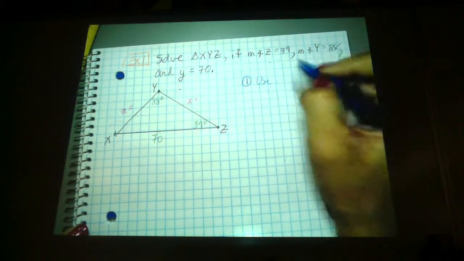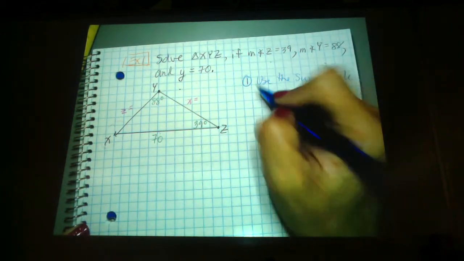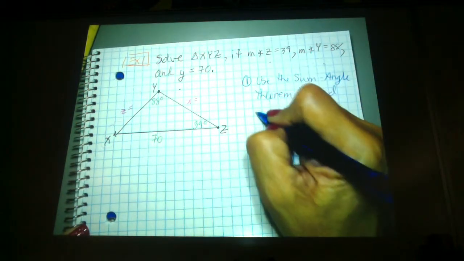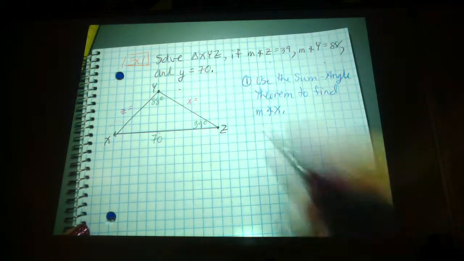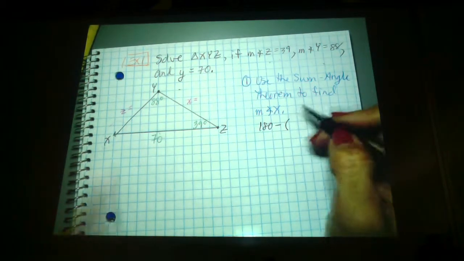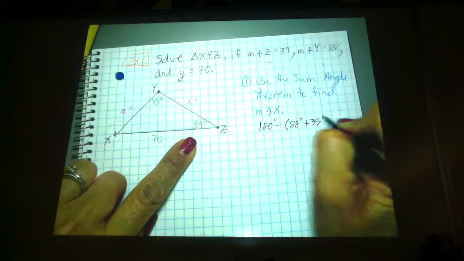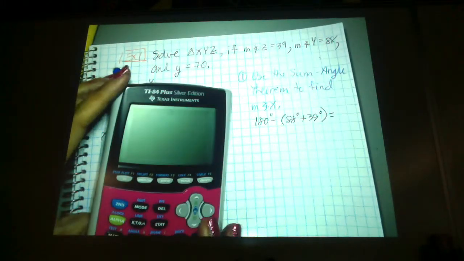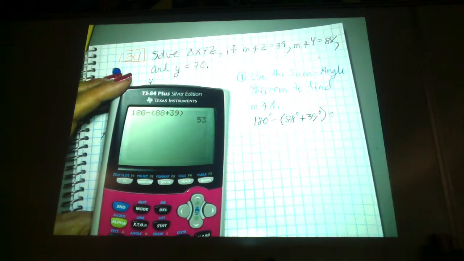So we're going to use the sum angle theorem to find the measure of angle X. So I have 180 degrees minus the sum of those two, 88 degrees plus 39 degrees equals, my handy dandy calculator, 180 minus 88 plus 39, 53 degrees.